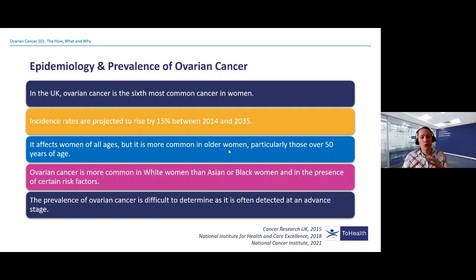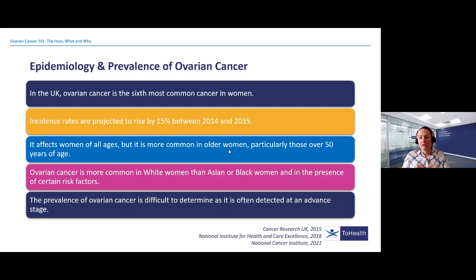And lastly, 1 in 5 women with ovarian cancer are often diagnosed by the time they get to A&E, and many don't receive any treatment for their disease, often because they're too unwell by the time that they're diagnosed. Now, with that in mind, the prevalence of ovarian cancer is difficult to determine because it's often detected at such an advanced stage when it's already spread to other parts of the body.